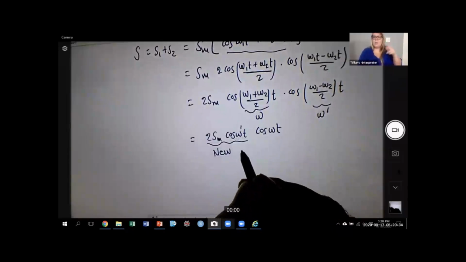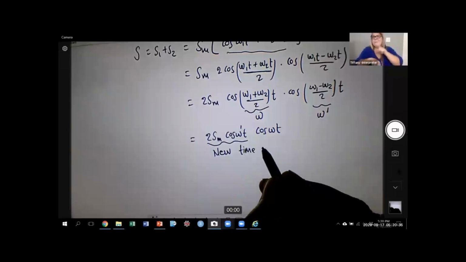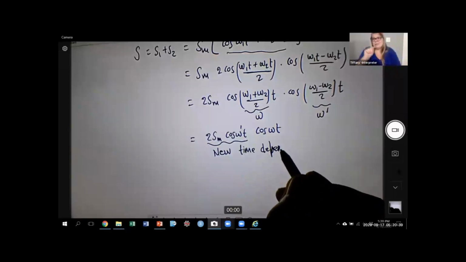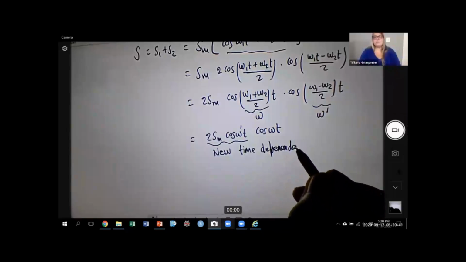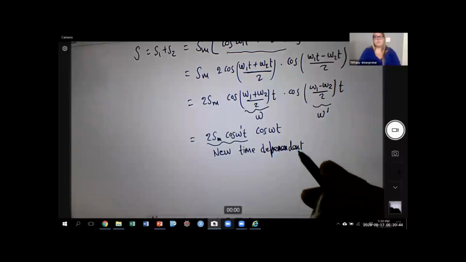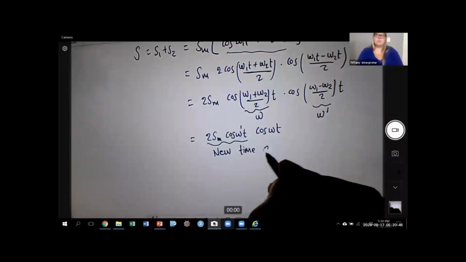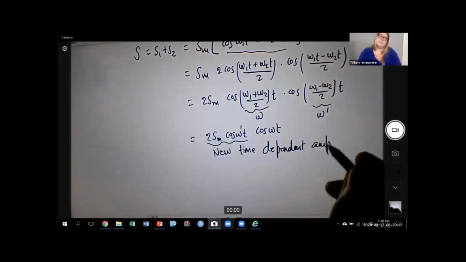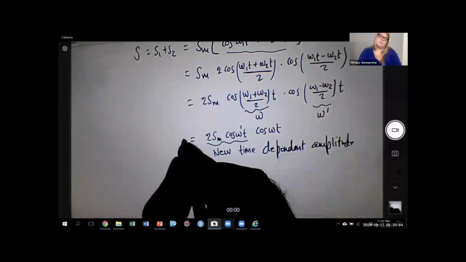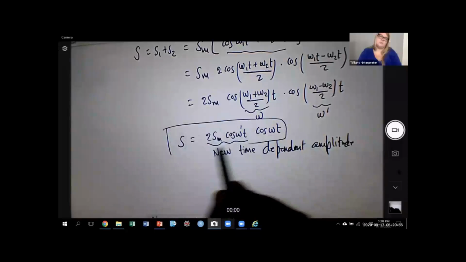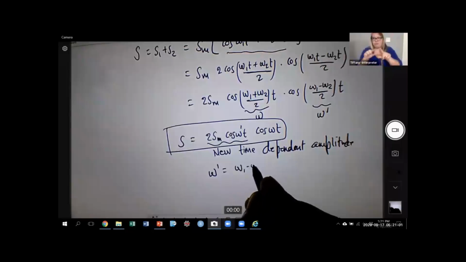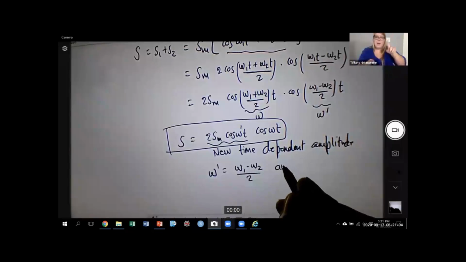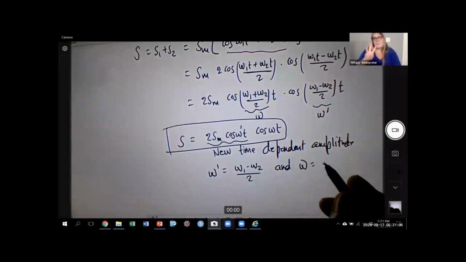It's a new time-dependent amplitude. Okay, so that's what you get, where omega prime is (omega 1 minus omega 2)/2, and omega we have substituted as (omega 1 plus omega 2)/2.